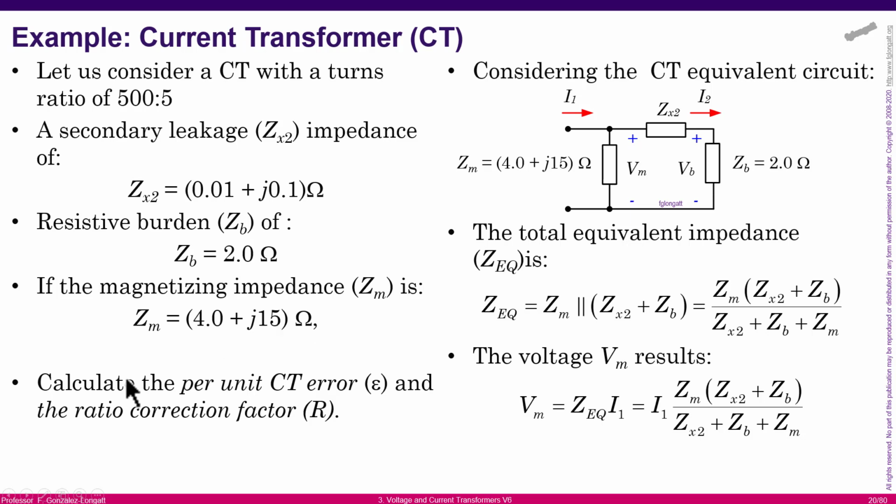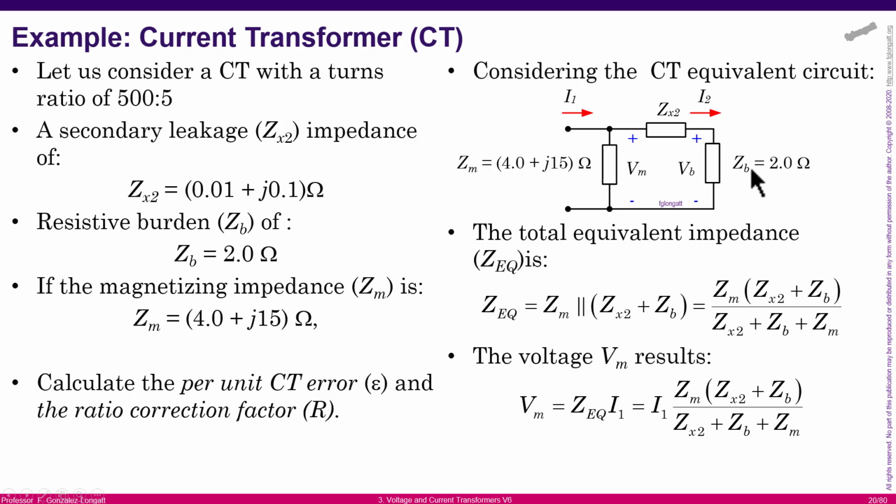Okay. Now, what is the question? The question is, first, calculate the per unit current transformer error, and second, calculate the ratio correction factor. Okay. Well, it's extremely simple. What we need to use is the equivalent circuit model. All the quantities are referred to the secondary, including the magnetizing impedance. And here you can see the numbers, okay?